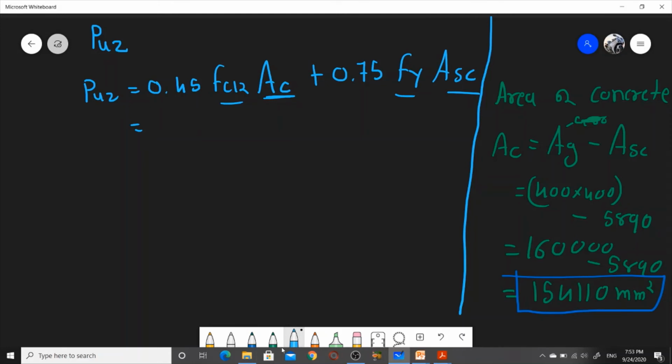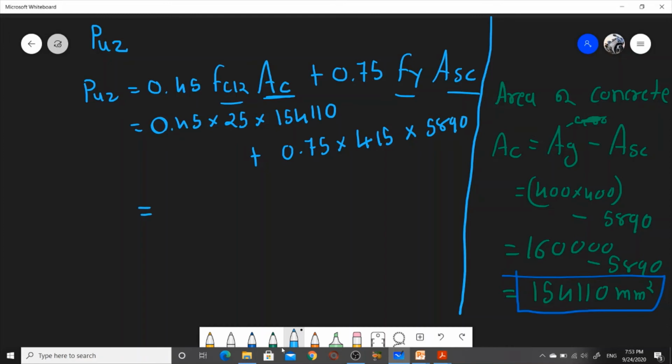So let's write down 0.45 FCK, 25, AC, 154,110 plus 0.75 into FY, 415 into ASC, which is 5890.